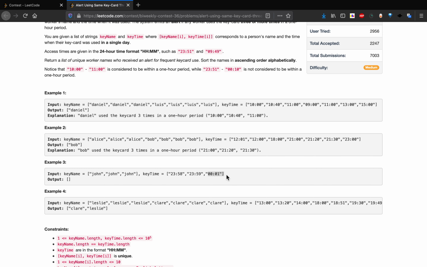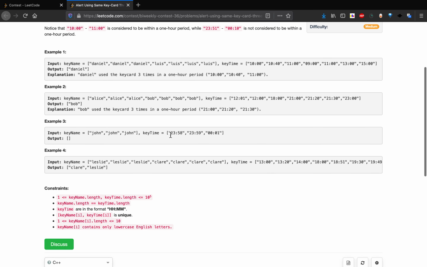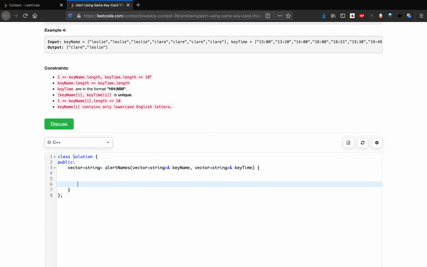2359 and 001, and we are again considering a single day. So why will the sorting be of benefit to us? Because let's assume that we are at index I, and here the time is x, right? And if we sort our vector of times, so let us say at index j we have some time t2.